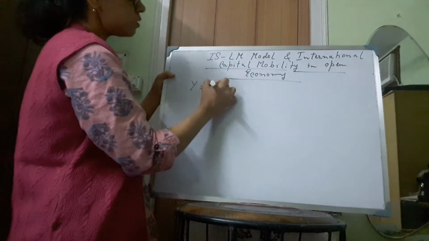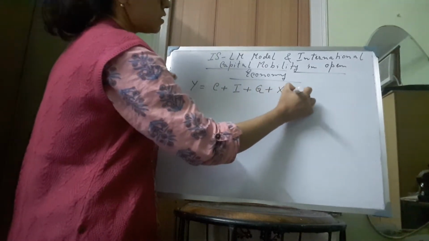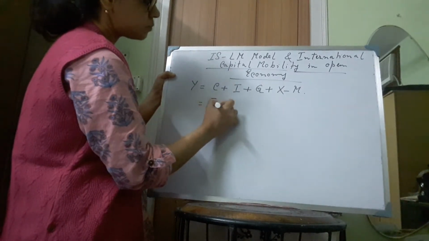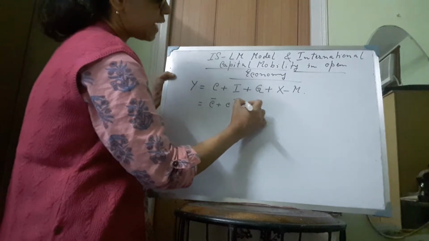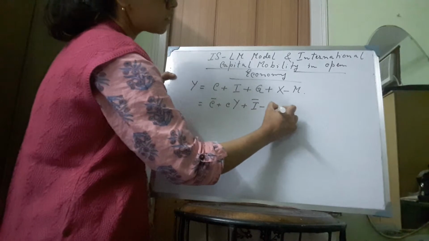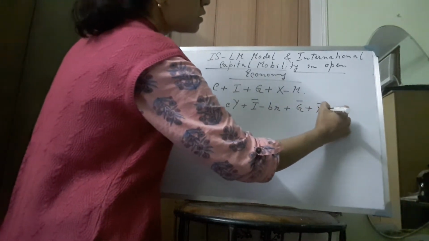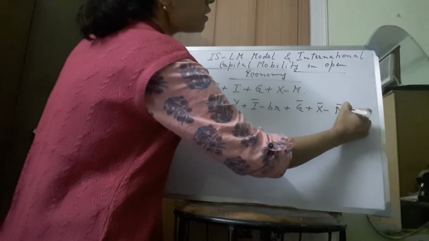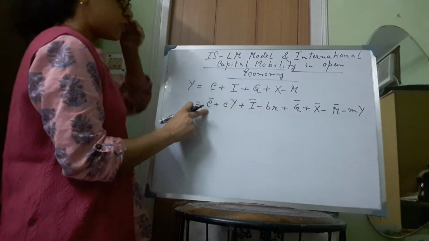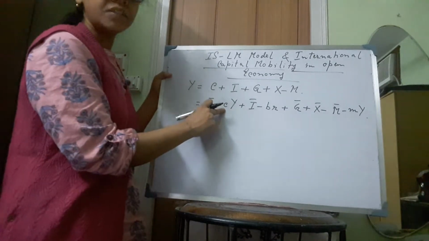Y is equal to C plus I plus G plus X minus M. Now C can be written as C bar plus small c Y. I can be written as I bar minus b r. Plus G bar plus X bar, then minus M bar minus m Y. Now C bar is the consistent level of consumption, small c is the MPC, that is marginal propensity to consume.